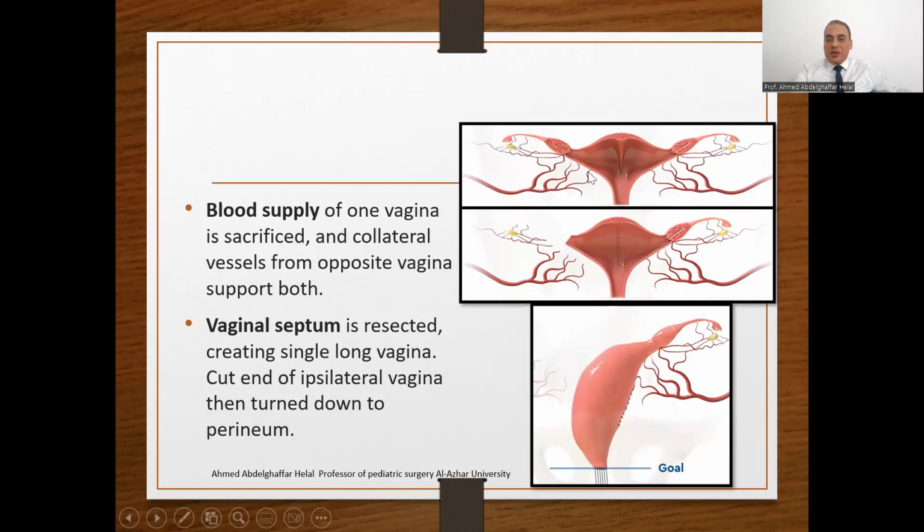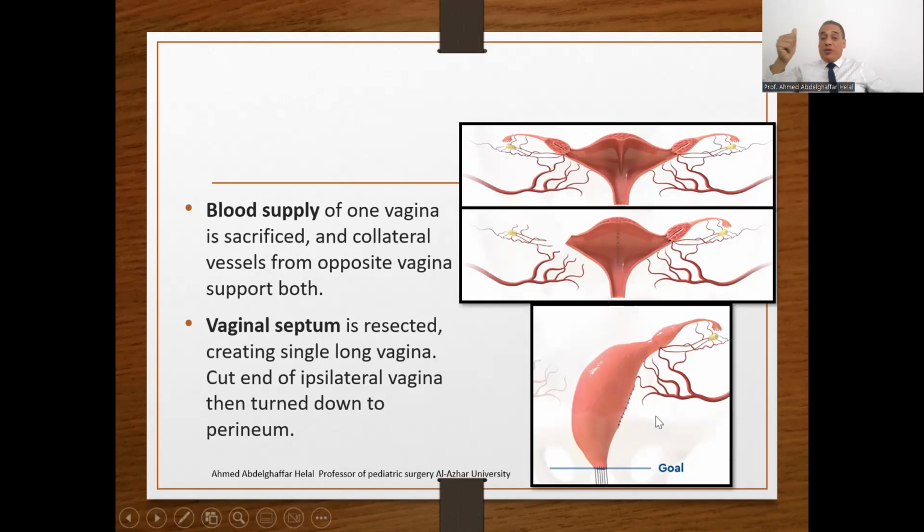We divide the blood supply here and sacrifice this one uterus, and this vagina will be supplied from the opposite side. Also, the vaginal septum is divided like this, and then the vagina will be switched down to reach the perineum. This is a new single vagina reaching the perineum.